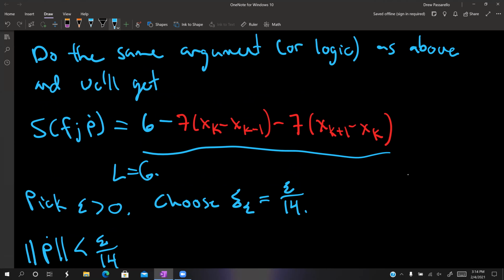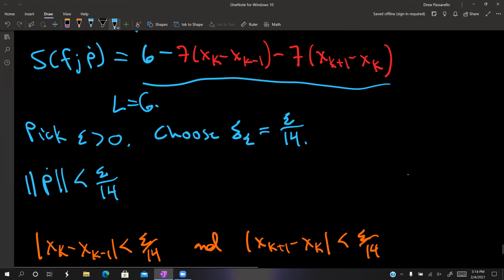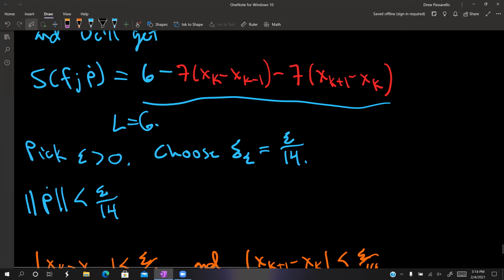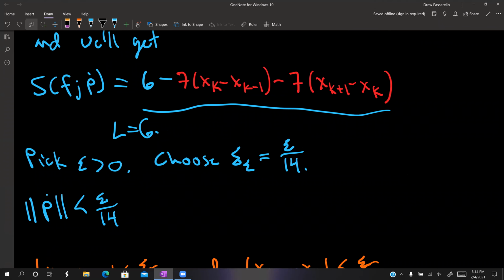Okay, so I'm trying to say that this portion, since this is epsilon over 14, is a bigger amount than the length of these two values, where I do xk minus 1, and then xk plus 1 minus xk.